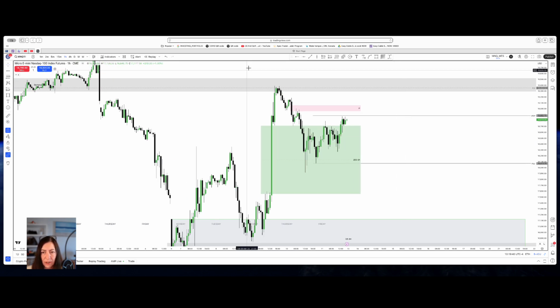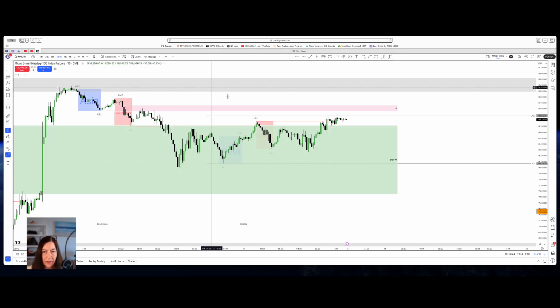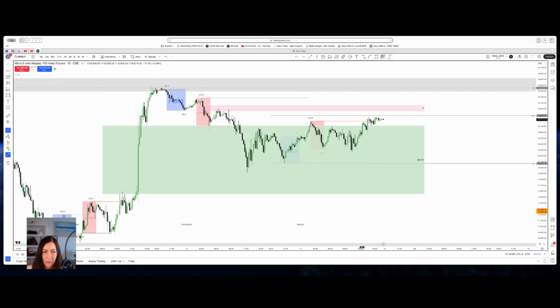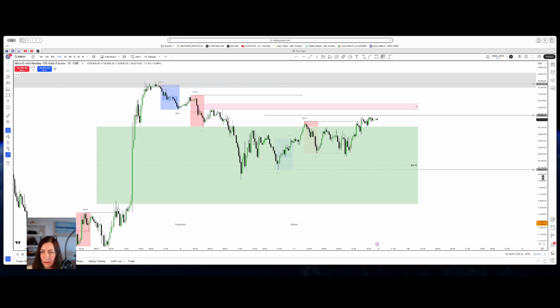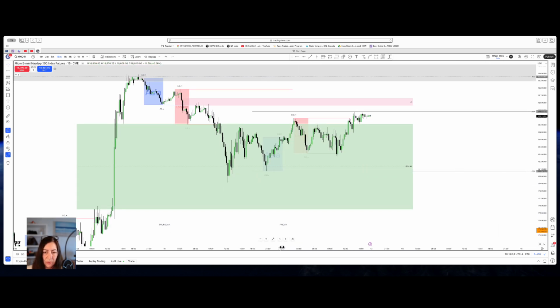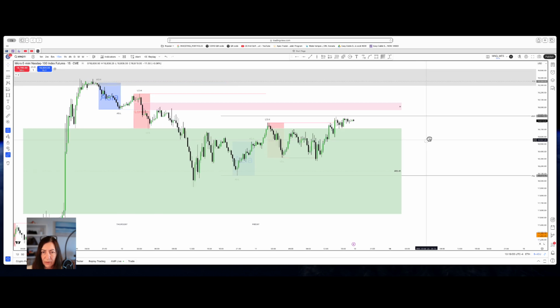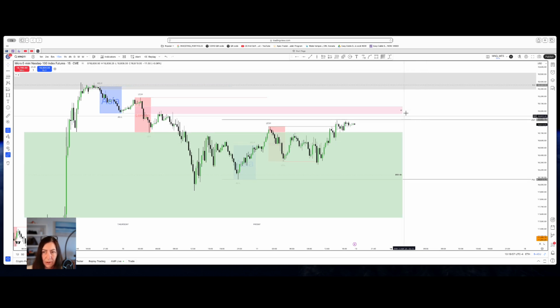And let's crack down to the 15-minute. Of course, now we get a look at London and Asia, which we'll have that information this evening when London and Asia open. So here is our hourly SIBI that has yet to be balanced.